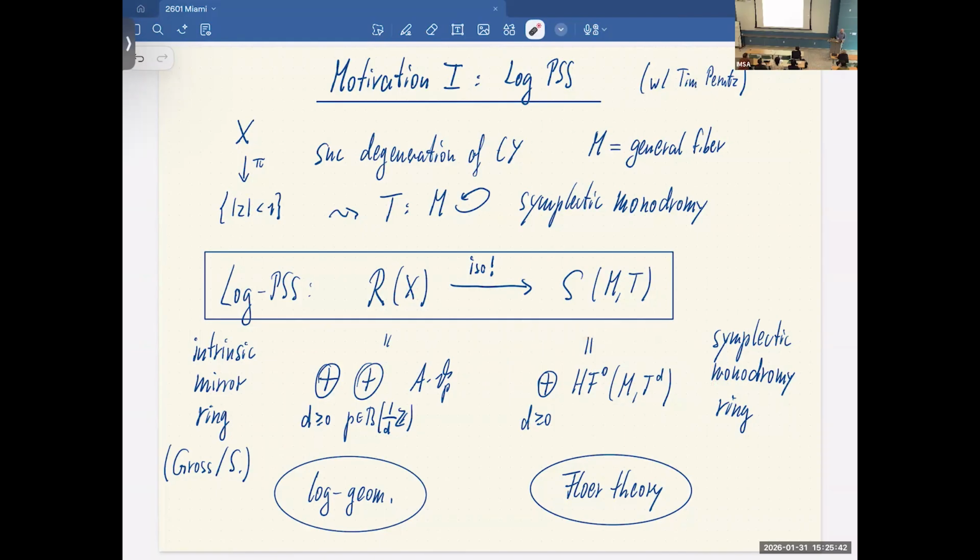And then the log PSS map should be a homomorphism in this direction. So the statement would be that there's an isomorphism, and that should be a very, very general statement. So this would give a purely symplectic construction of the intrinsic mirror ring also.